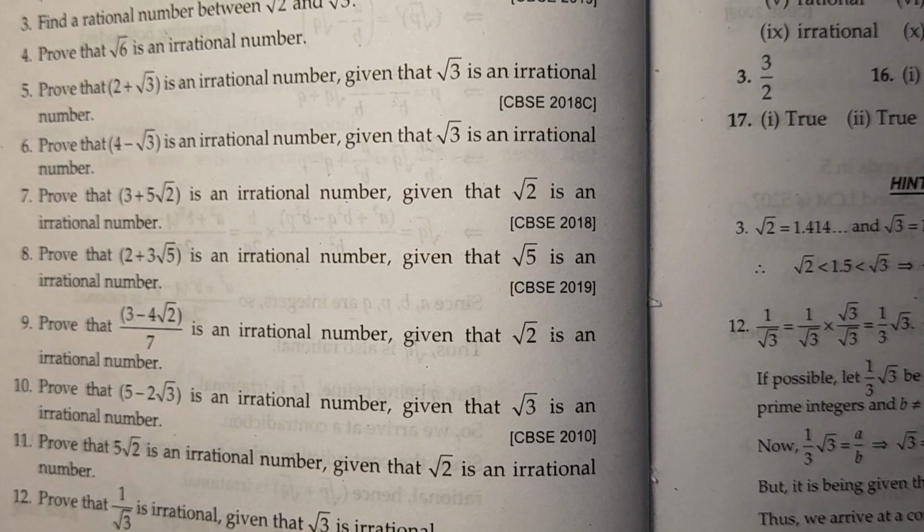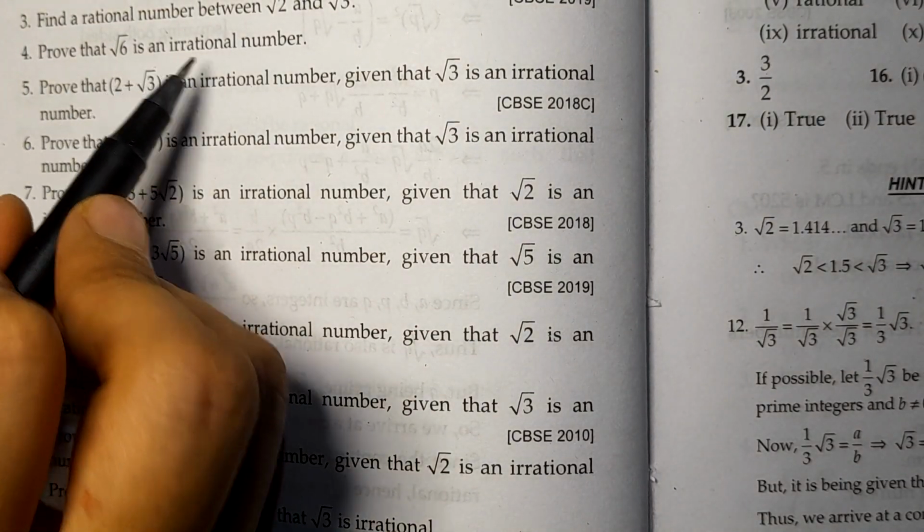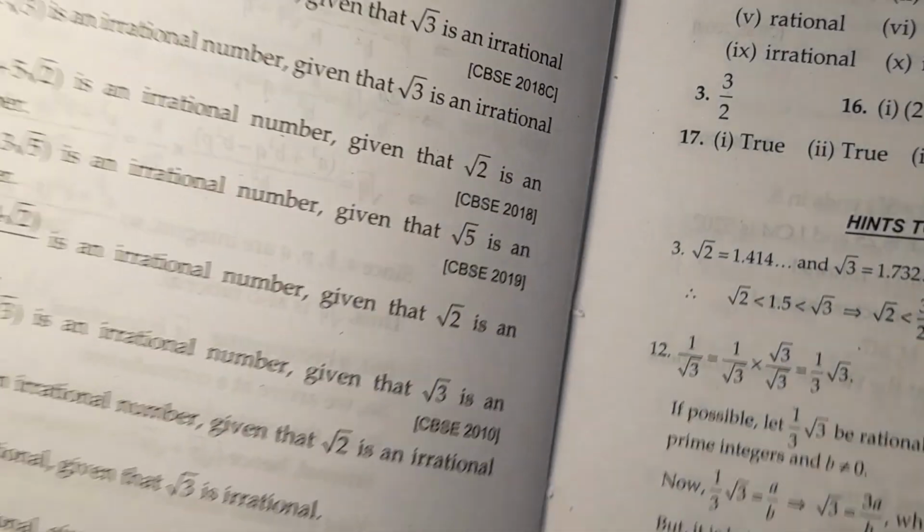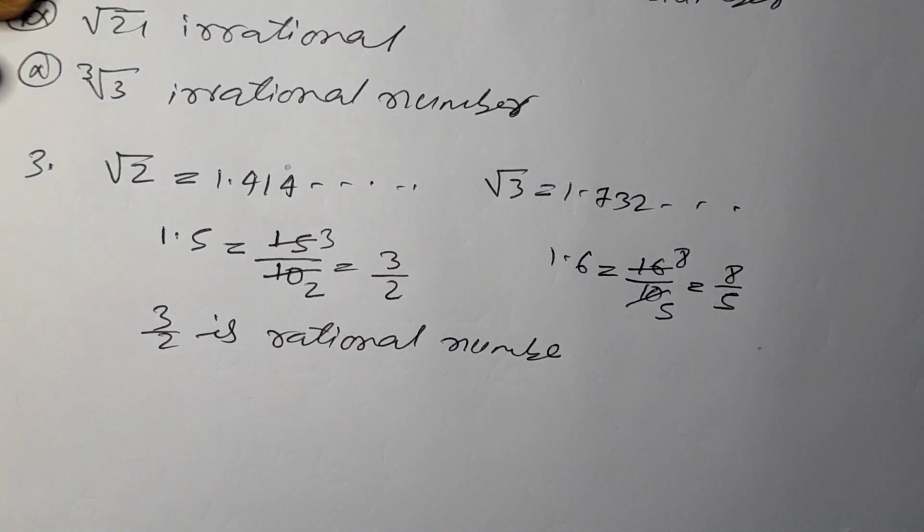There can be any number, only the pattern will be the same. They can give any natural number. So now we have to prove that root 6 is an irrational number. Let's prove it. Everything will remain the same.